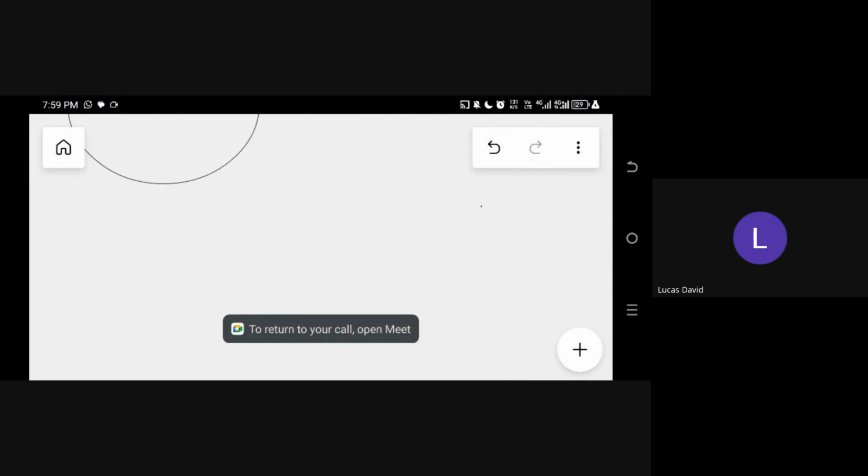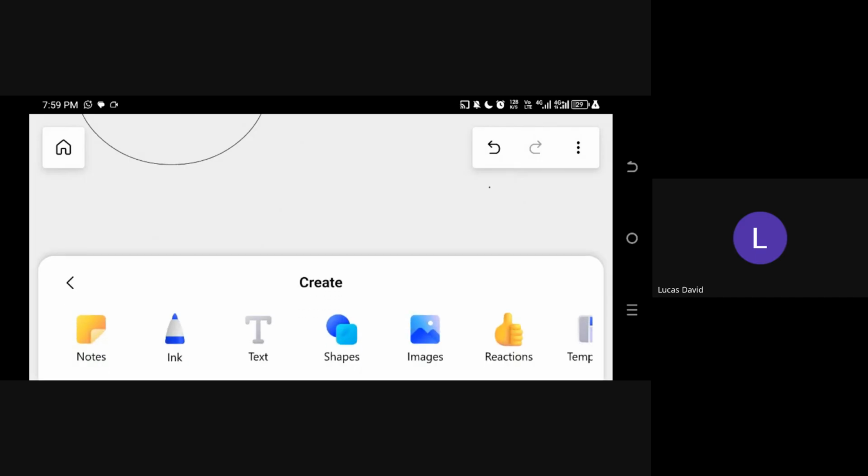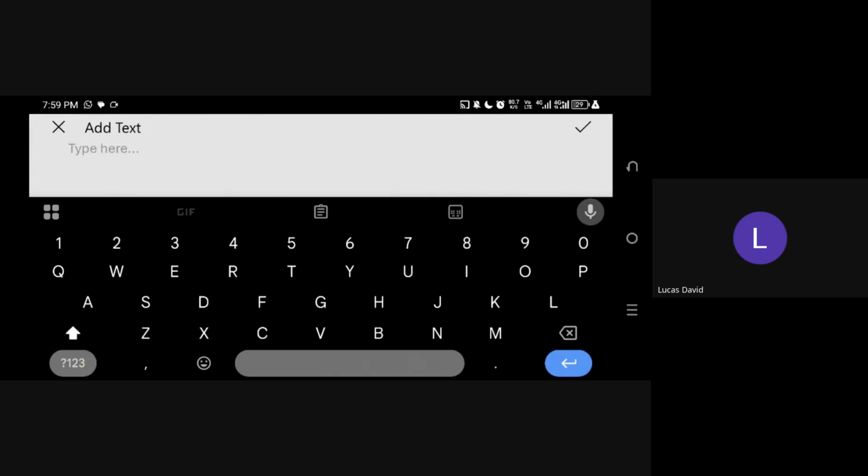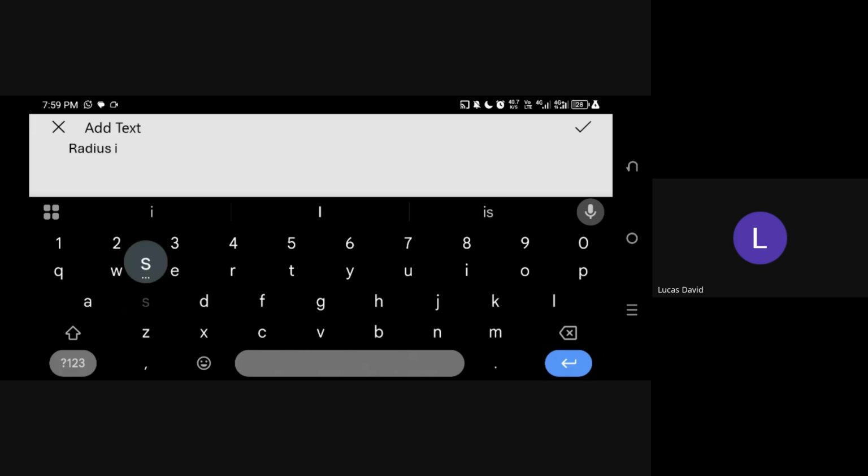Lucas, this is your question. Sharp, sharp, you guys start solving. Let's say the radius is 6.5 centimeters.